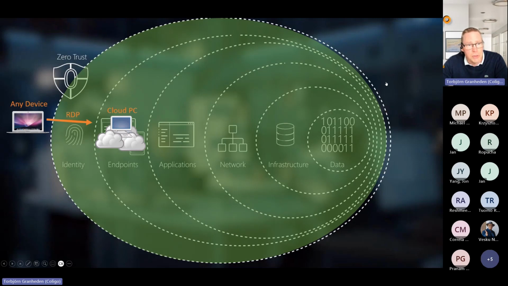So all the applications, all the data, all the endpoints that are actually using your information are inside your zero trust network. And the only connection is via RDP, and it's using the identity with multi-factor to authenticate the user, so you're sure that the user is who they are supposed to be.